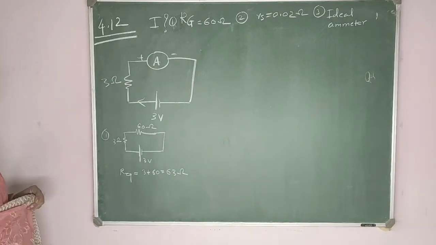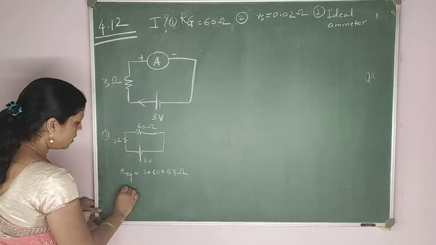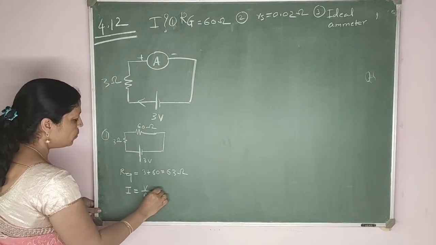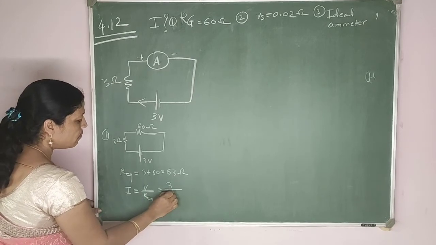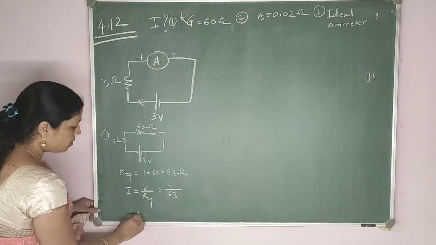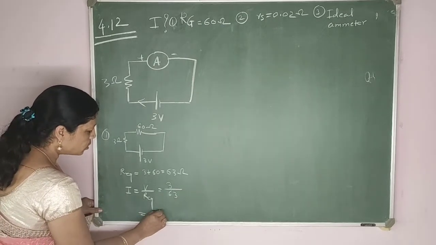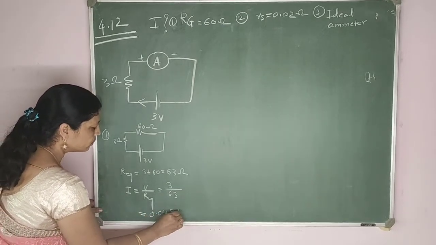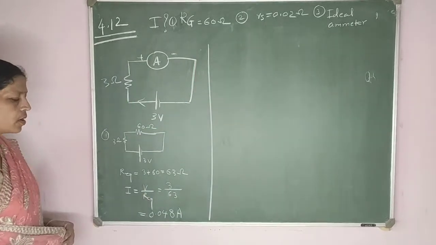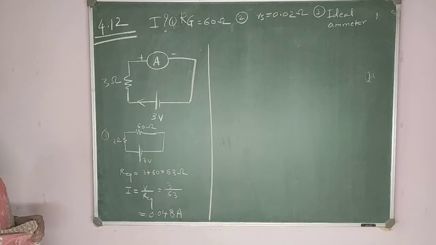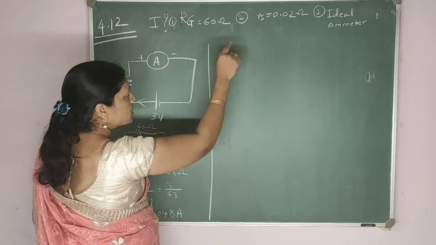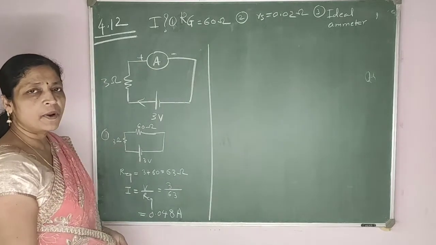We want to find the current, I equal to V upon R equivalent, which is 3 divided by 63. So we get the value 0.048 ampere.